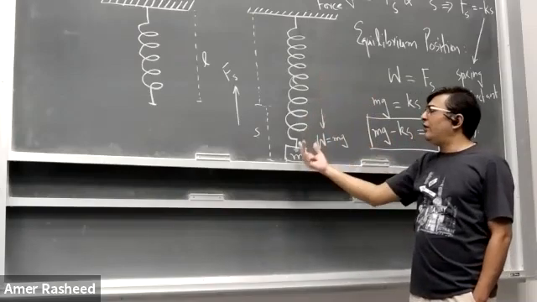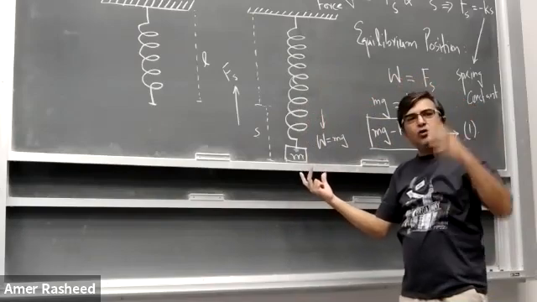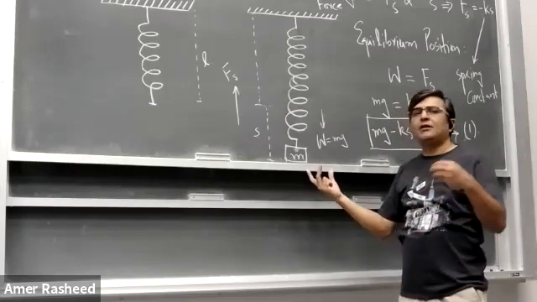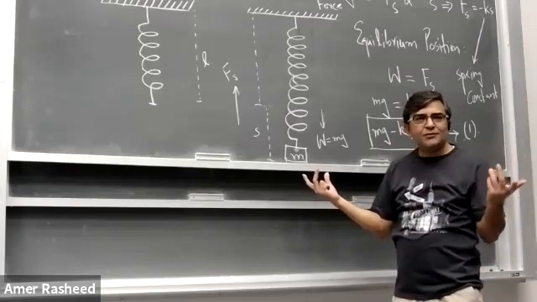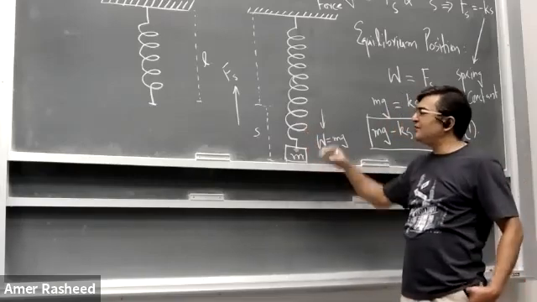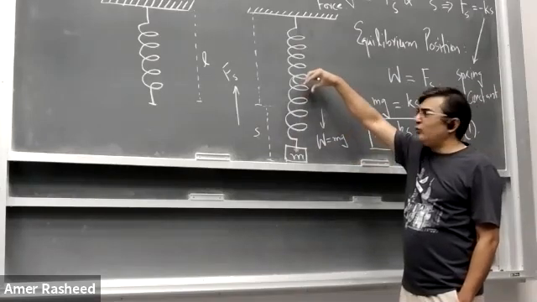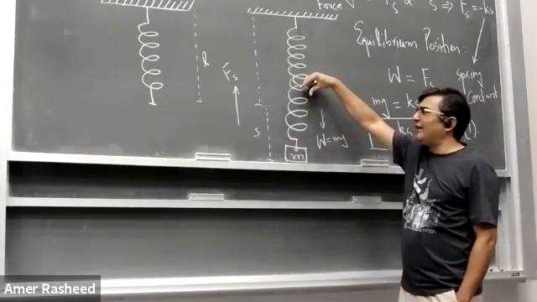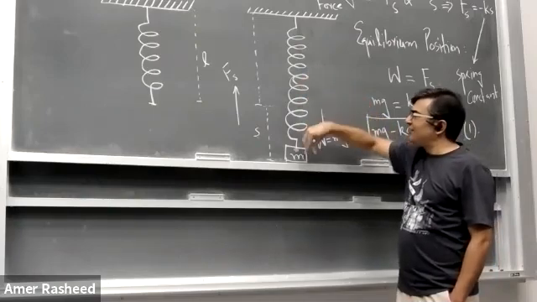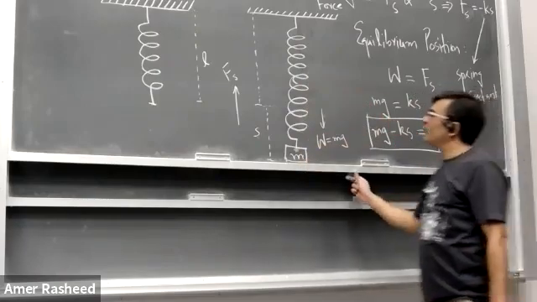If we pull it downward, then we can release it from rest, or we can pull it upward with a certain velocity. Similarly, we can pull it upward and then release it at rest, or release it by throwing it at a certain velocity downward. So these are the situations.